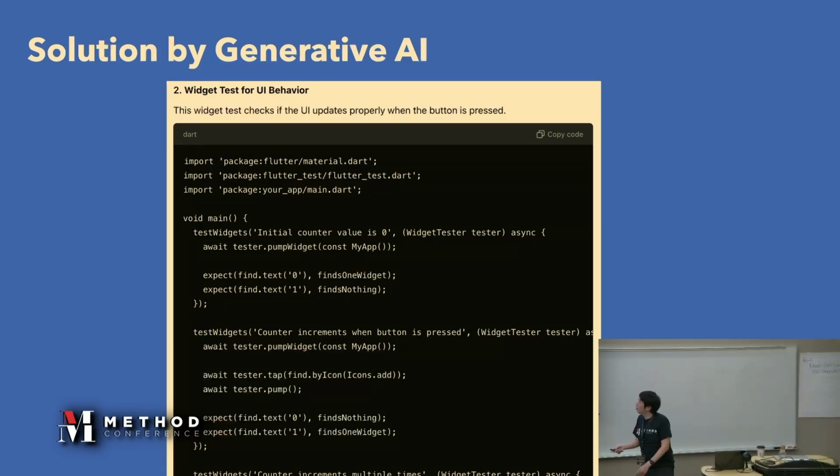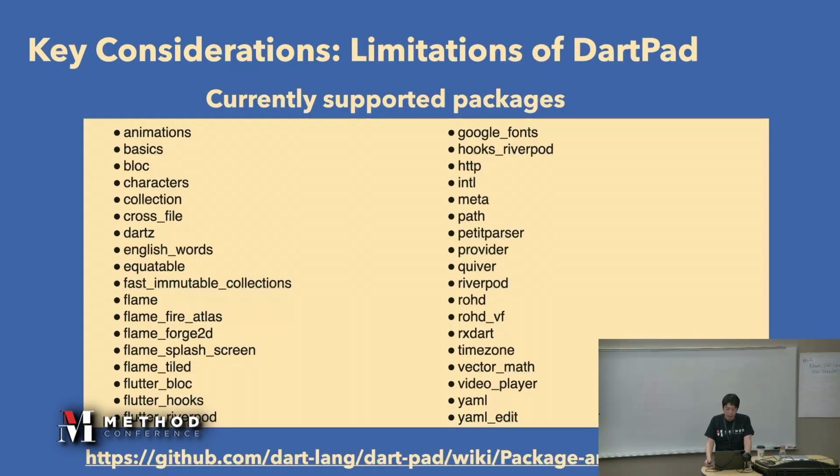So by using this code, we can run a UI test for the counter app. It's perfect code. But here is one key consideration, a limitation of that part.